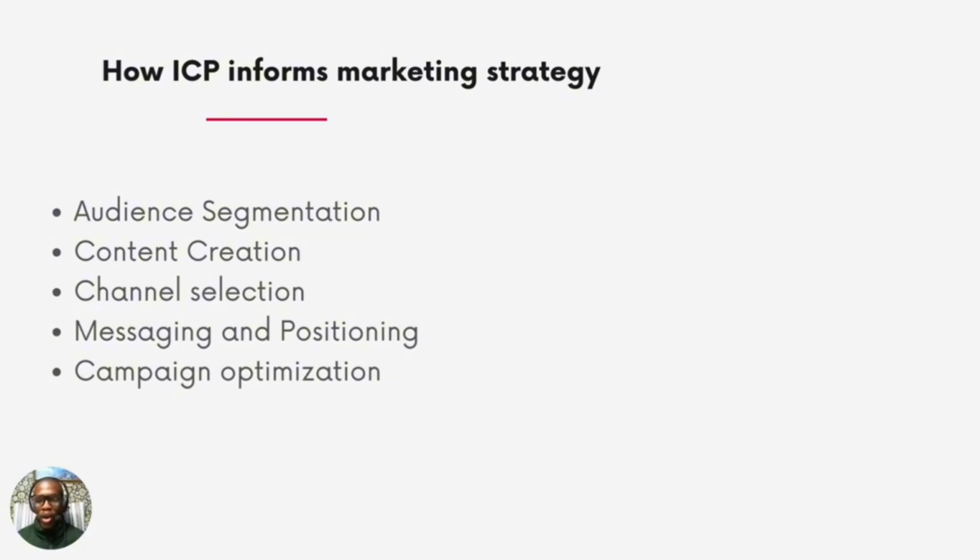So the last one, right, which is campaign optimization. So continuously refining marketing strategies based on feedback and performance data from campaigns targeting the ICP. Now, I will be showing you guys how to run ads, right? And as you will be running the ads, now that you will have your ideal customer profile, you will know who to target and how to target that person.